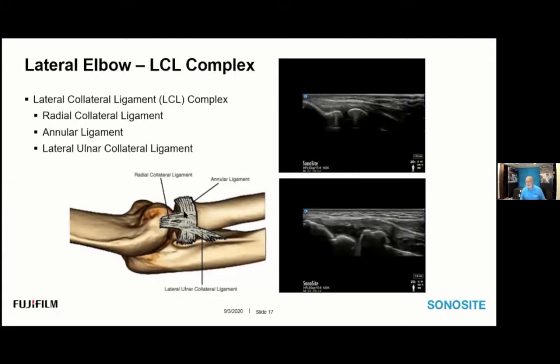The annular ligament courses from the posterior to the anterior margins of the radial notch on the ulna and circles the head of the radius and holds it against the radial notch, providing radio-ulnar stability. The lateral ulnar collateral ligament, or LUCL, also originates from the lateral epicondyle, from where it is indistinguishable from the radial collateral ligament, and courses to its distal insertion on the supinator crest of the ulna.